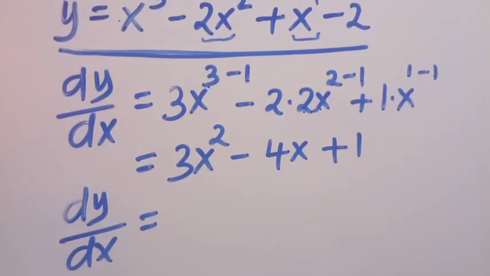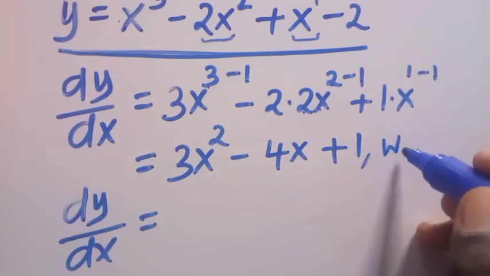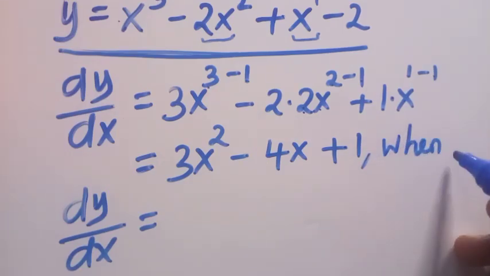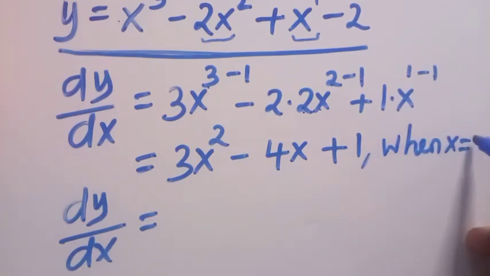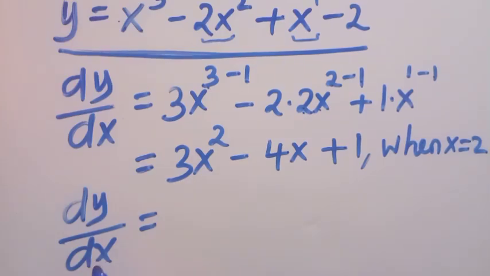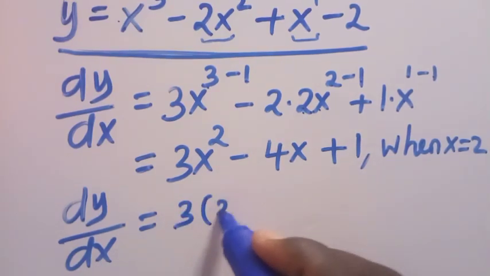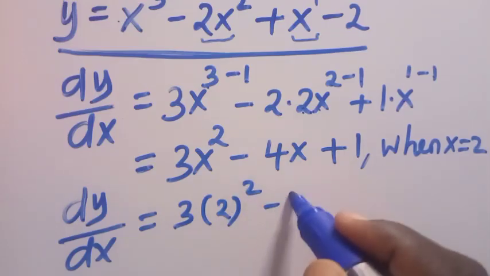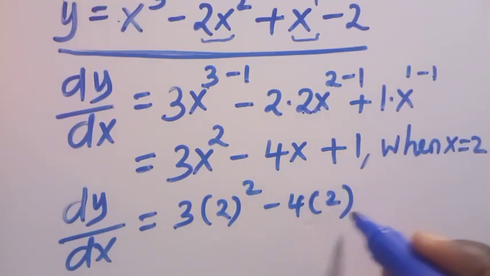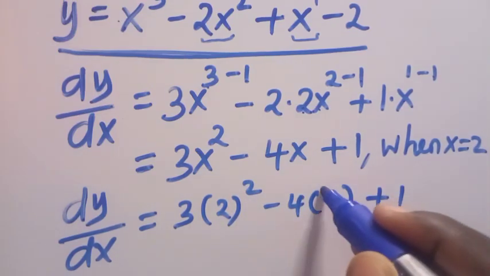That is, dy over dx when x is 2. We can say that when x equals 2, dy over dx will be 3 into 2 squared minus 4 into 2, then plus 1.